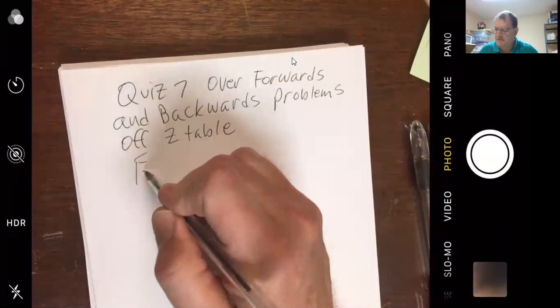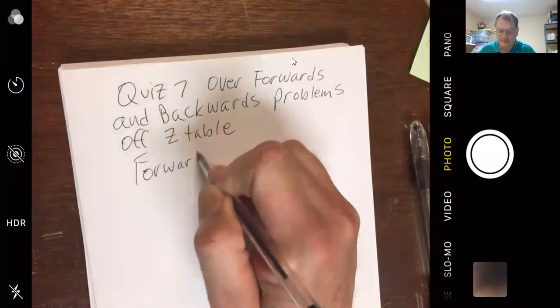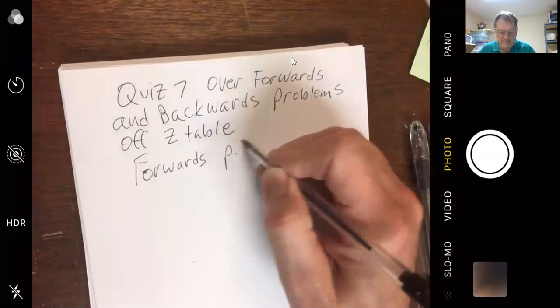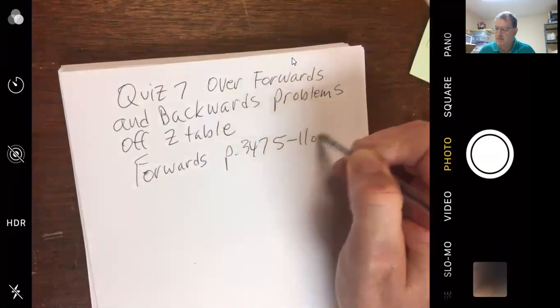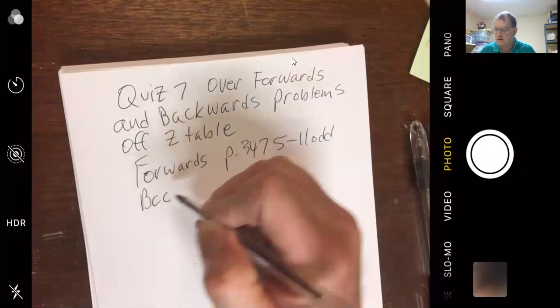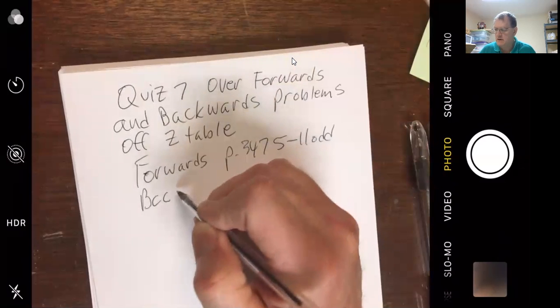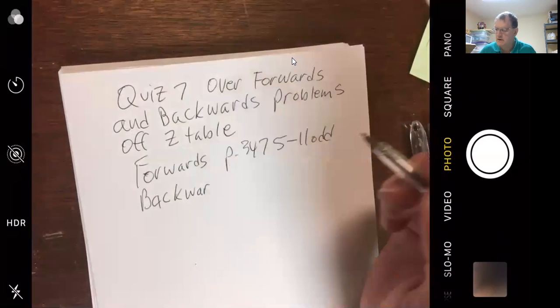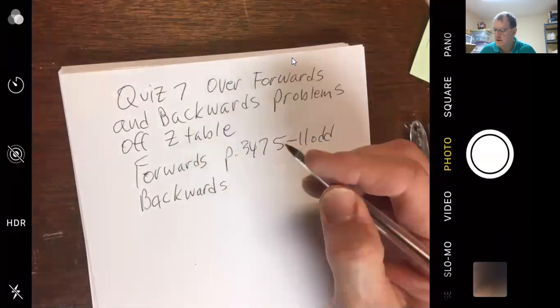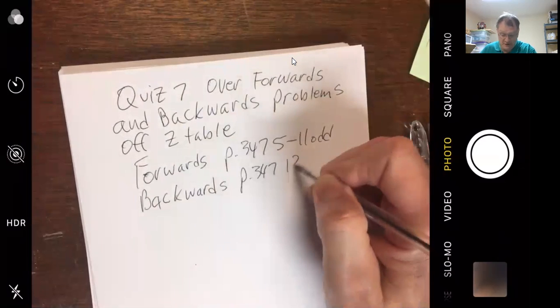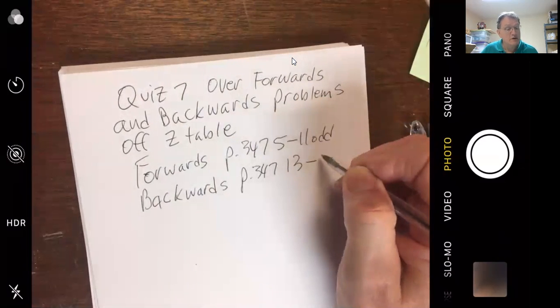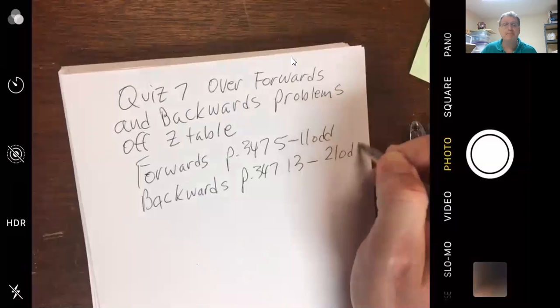Just to give you again, forwards problems: page 347, 5 through 11 odd. Backwards: page 347, it starts at 13 to 21 odd.